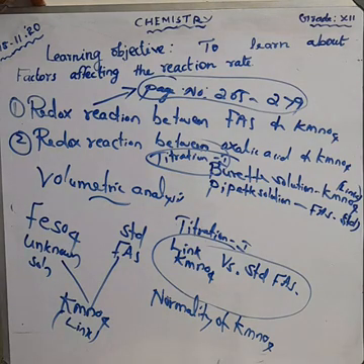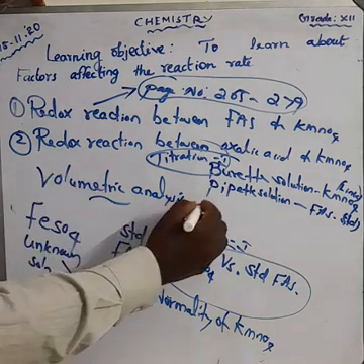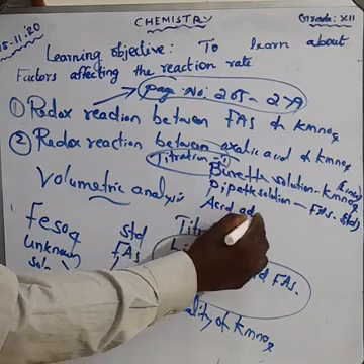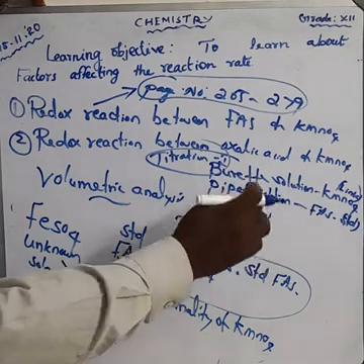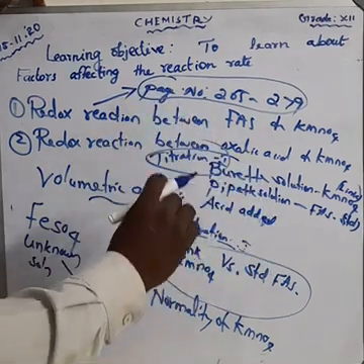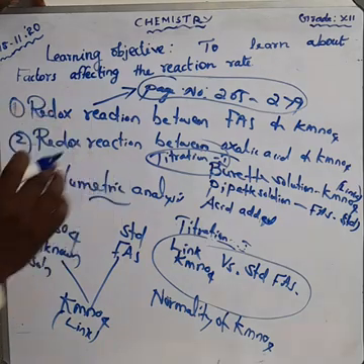Then next, we should add some acid. Here we add 20 ml of 2N dilute sulfuric acid.